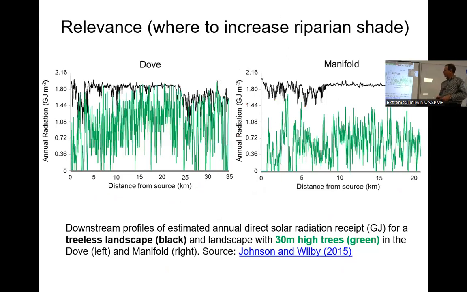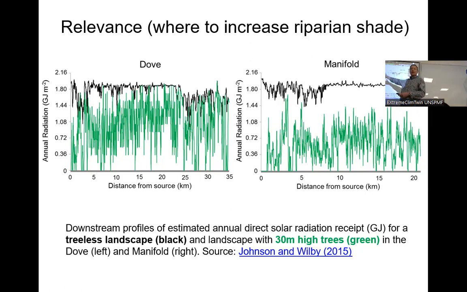It has relevance as well because we can start to look at the effect of bankside vegetation on the energy balance of the river. So this is a rather complicated graph to understand, but basically what we've got here is distance from the source of the river downstream. The black line shows the annual radiative energy received in that part of the river without any vegetation.